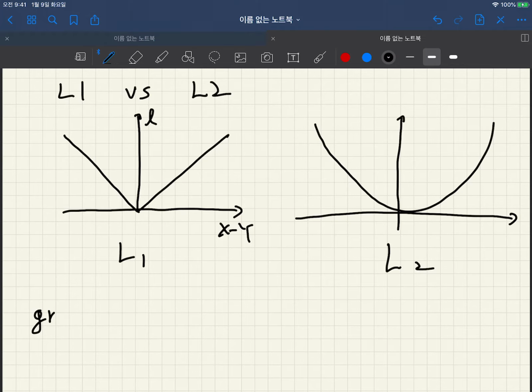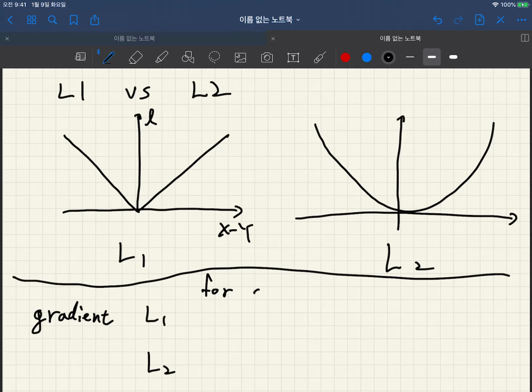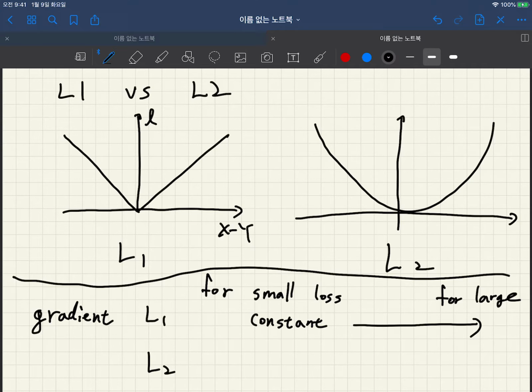So when it comes to the gradient for L1 and L2 loss functions, for small loss values and for large loss values, with the L1 loss function we will observe a constant gradient value for every range of x minus y.